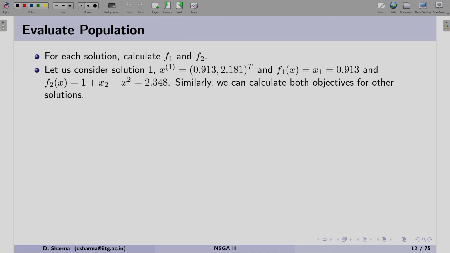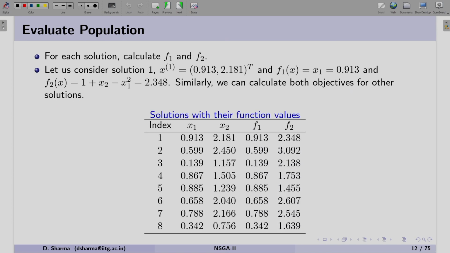Similarly, we can calculate both objectives for the other solutions because it's very straightforward. Once we include the values of x1 and x2 in f1 and f2, we can see that all the solutions have their f1 and f2 values. These f1 and f2 values for every solution will help us find their rank and diversity.